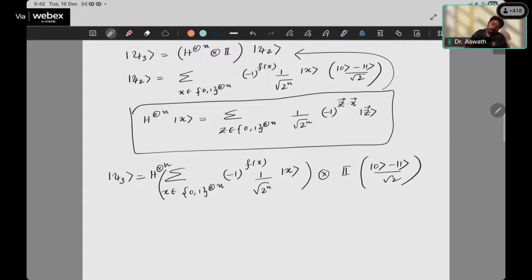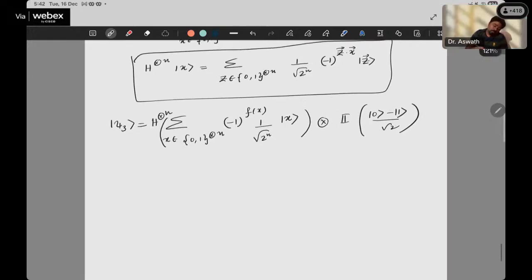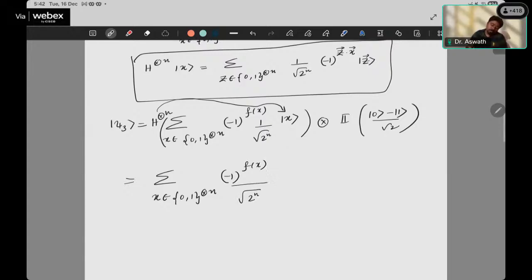As we know, identity would not do anything, so I only need to worry about how Hadamard affects the x. Let me put it inside: Hadamard n's acting on the x, and the remaining things I'll keep as they are.